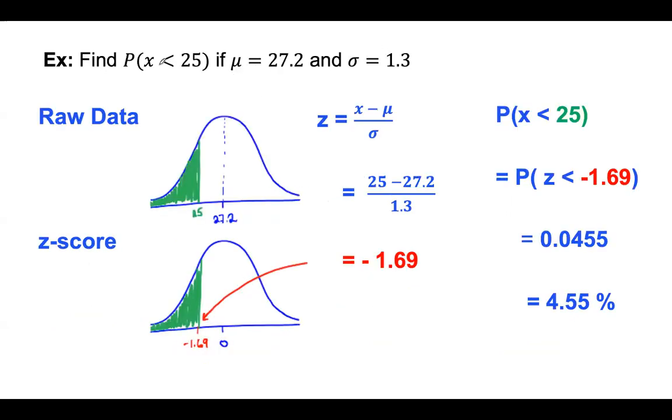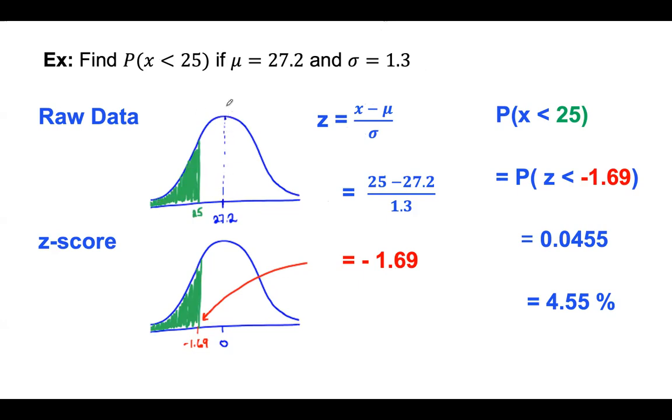Find the probability that X is less than 25 if we have this particular mean and standard deviation. We have our raw data, so we can calculate our Z-score. Z is X minus mu divided by sigma, and we calculate it as negative 1.69. Our mean, again, is 27.2.